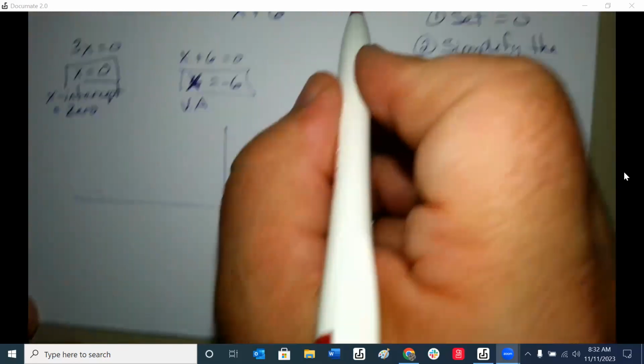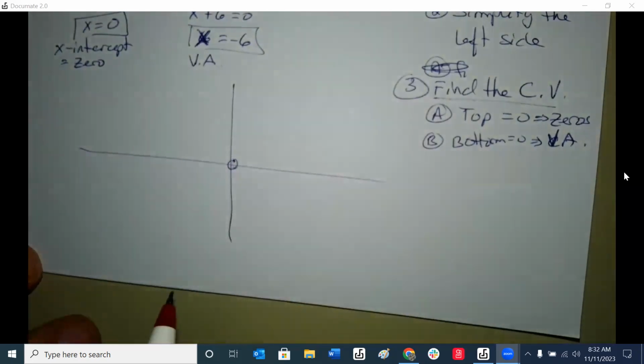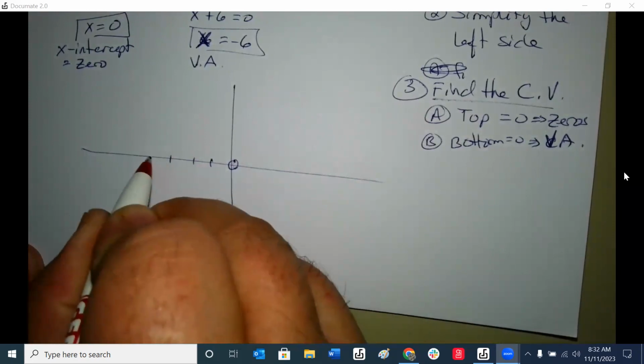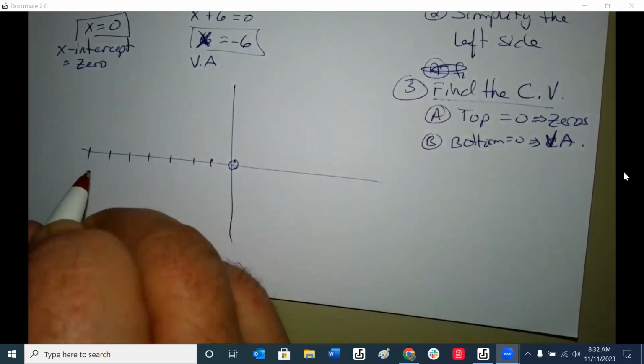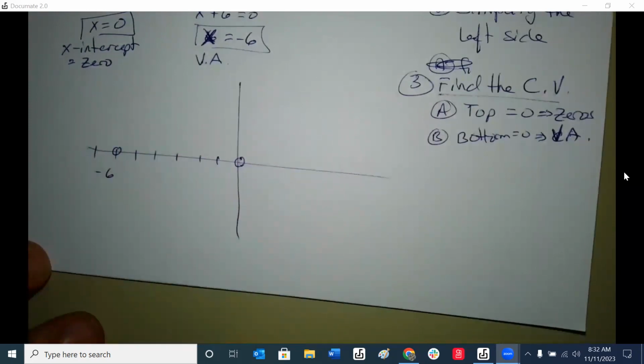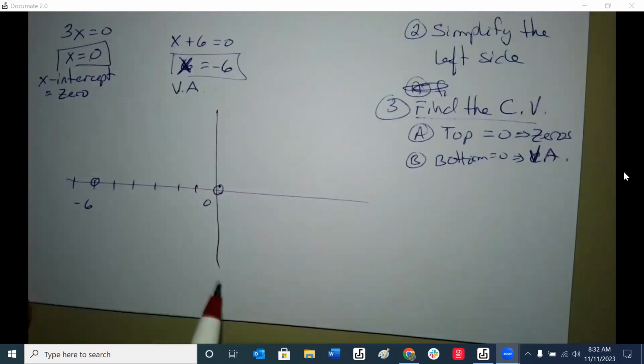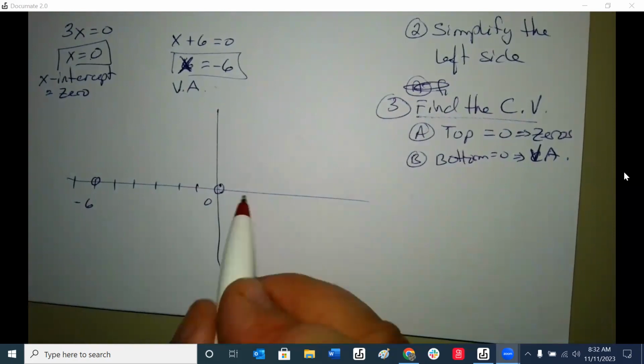So at 0, because there's no equal sign underneath it, I can't use these. I just go all the way up to them. So at 0 and -6, I have my points.